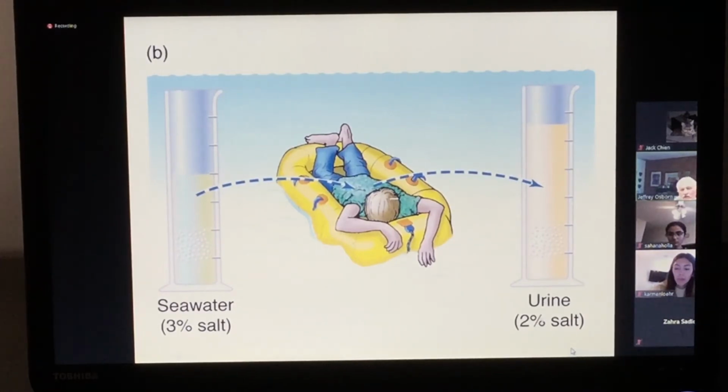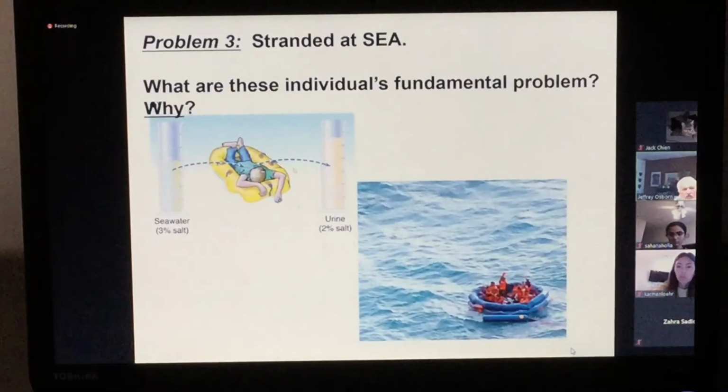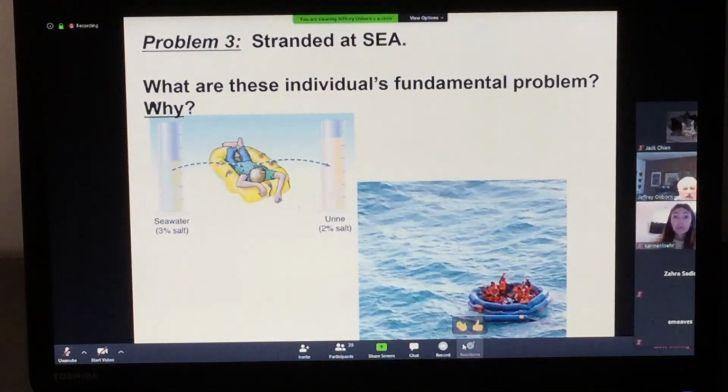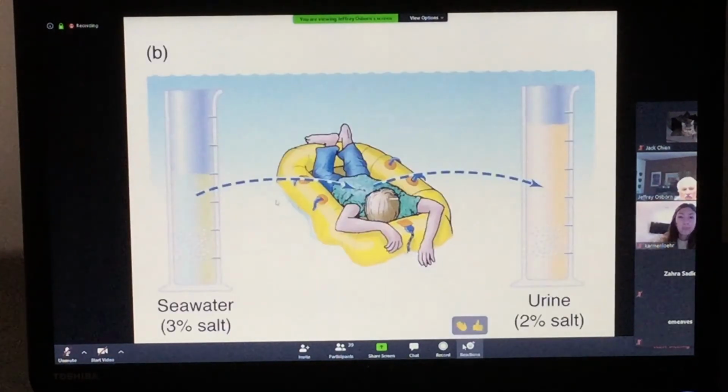Your urine can put out about 2% salt. So if you're floating out here in the sea, is it a good idea to drink this seawater? Would that be a good idea? No. It's not a good idea because you're taking in more salt than your kidneys can put out.